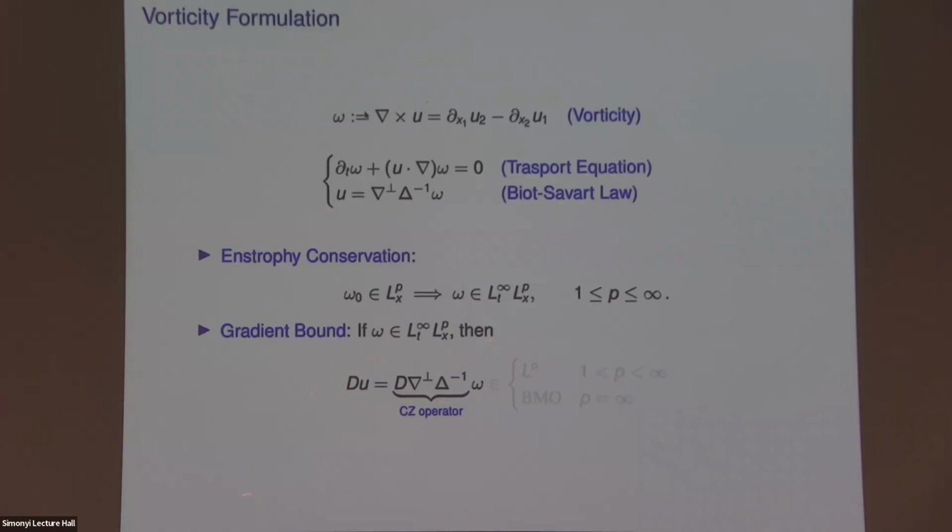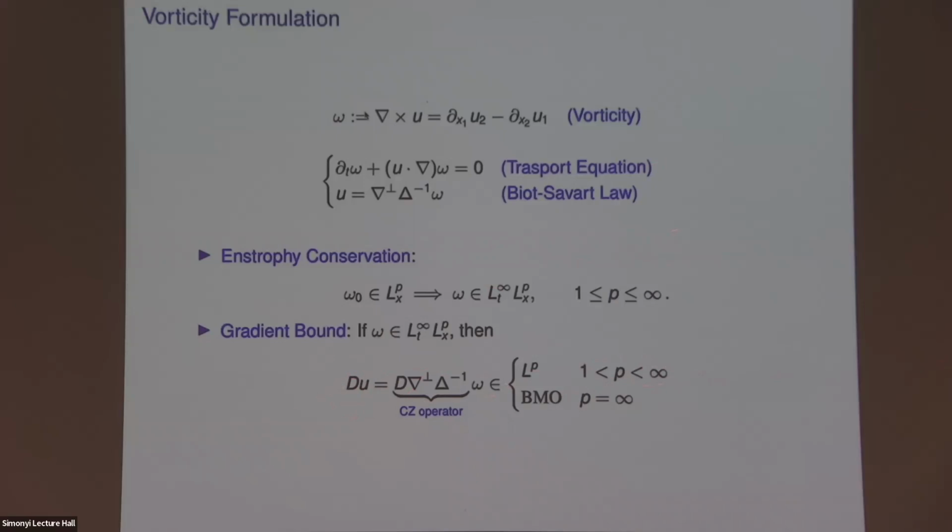And it's easy to check that the differential of the vector field is more or less of the same magnitude as the vorticity itself, since there is an operator of order 0 relating the two, which is Calderón-Zygmund-like. So when p is any exponent between 1 and infinity, we expect to get some L^p bound on the differential of the velocity field, uniform with respect to time.